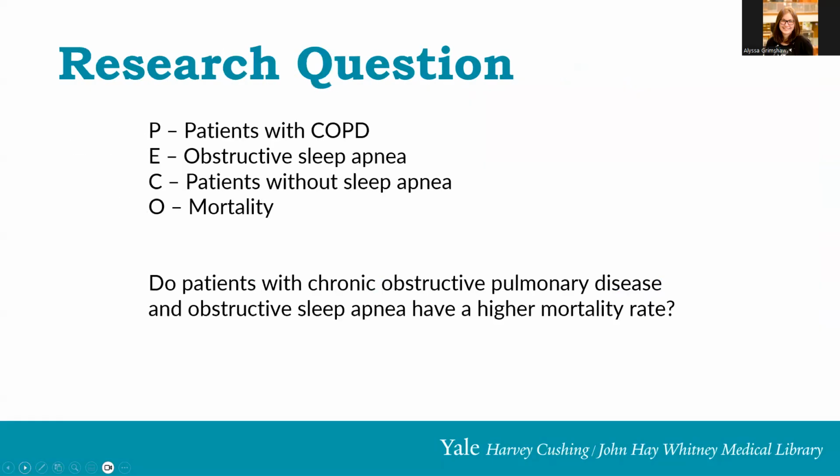So in the question of do patients with chronic obstructive pulmonary disease and obstructive sleep apnea have a higher mortality rate? We would break this down to our population, our patients with COPD, our exposure is obstructive sleep apnea, our comparator is patients without sleep apnea, and our outcome of interest is mortality.